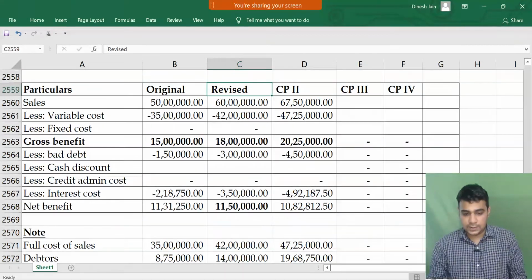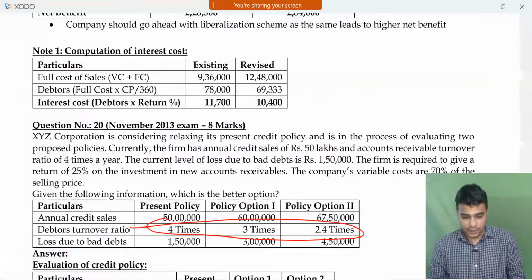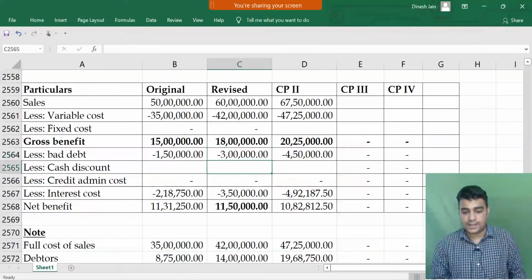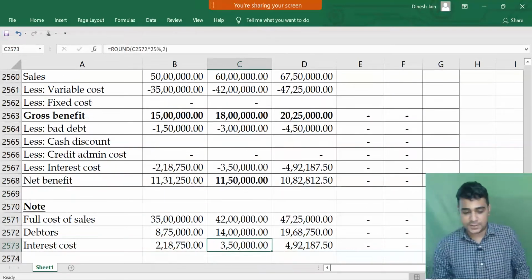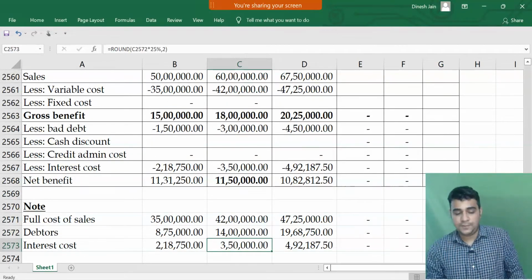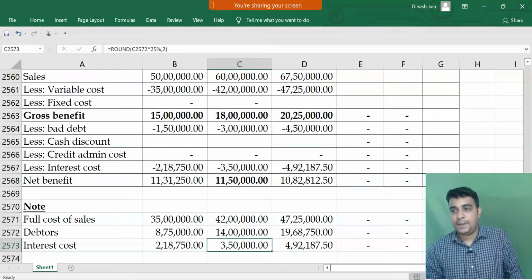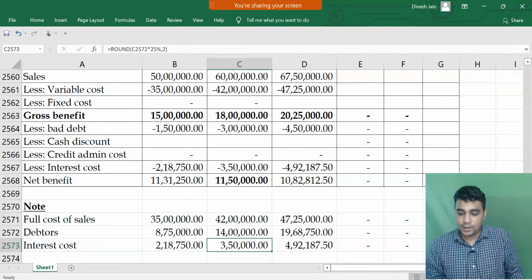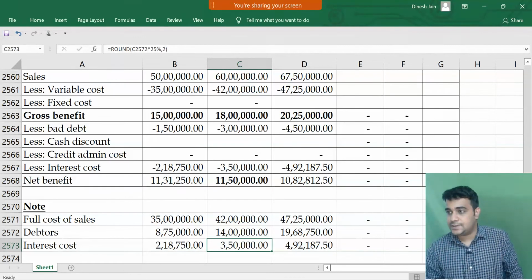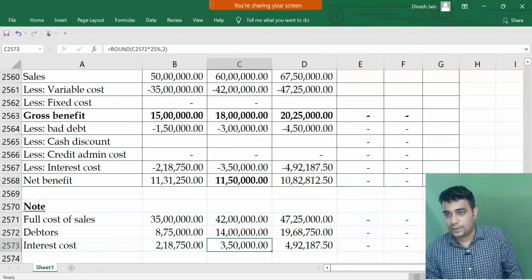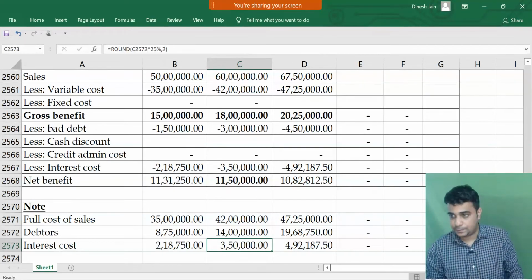11,50,000 in the revised policy 1, I think. Policy option 1 has the highest net benefit. Debtors will be full cost of sales divided by the debtors turnover ratio. Normally you'll have to do it into credit period by 360 or 365. Here you'll have to divide by the debtors turnover ratio.